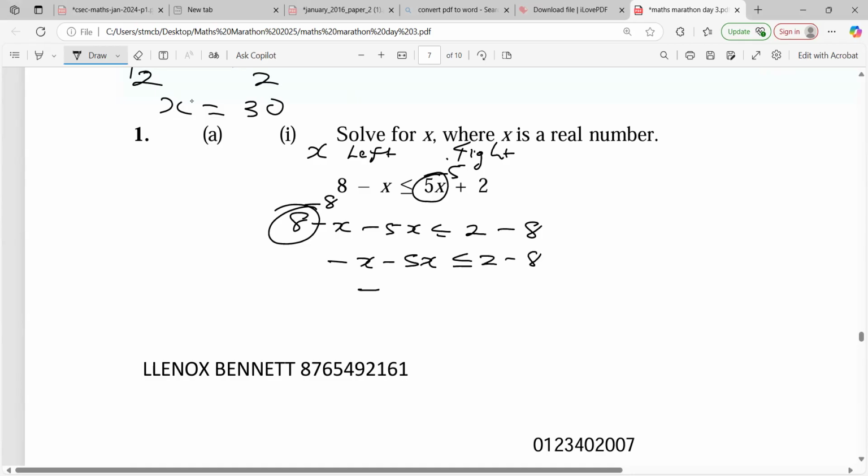And of course, both negative, so we add. And this will give us minus 6 because the 8 is bigger. So we'll divide by negative 6. Now the rule says when we divide by a negative, we're supposed to change the sign. So it's going to be greater than or equal to negative 1.